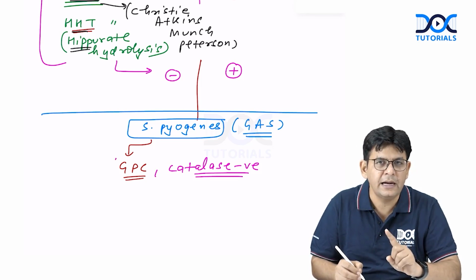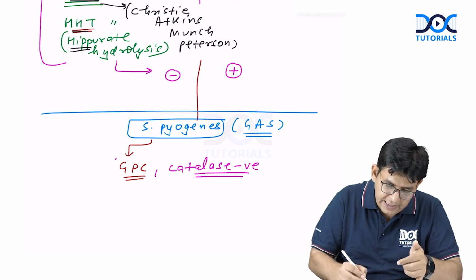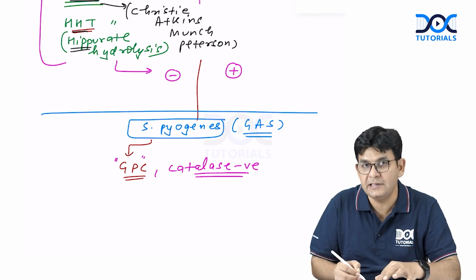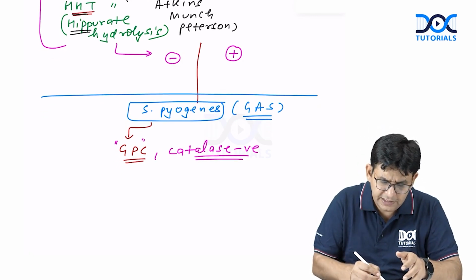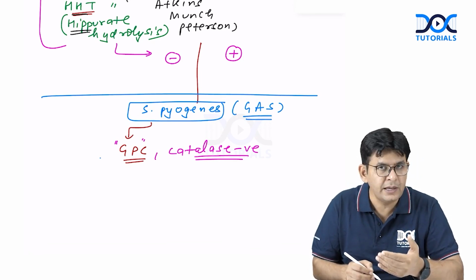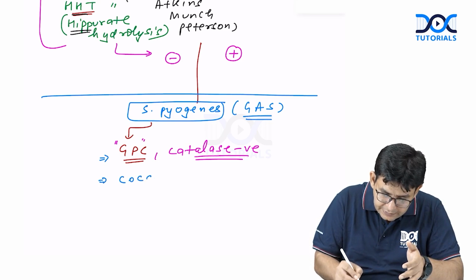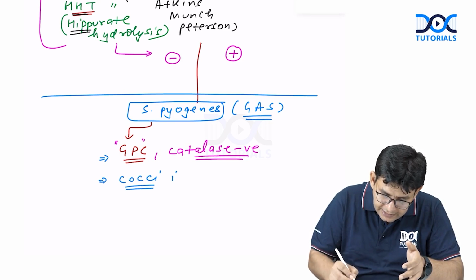In that, catalase positive was staph and catalase negative was strepto. So it's a gram-positive cocci which is catalase negative, and obviously coagulase does not have anything to do here, so that is negative.